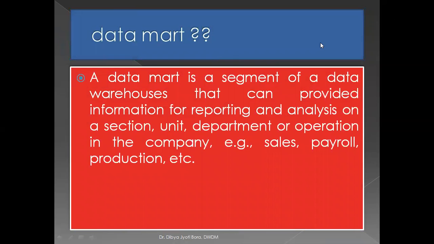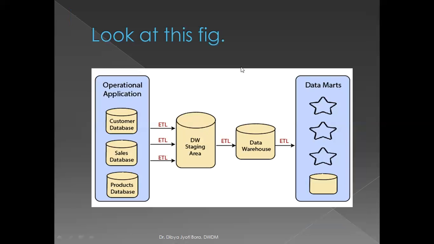So let's define it. A data mart is a segment of the data warehouse that can provide information for reporting and analysis on a section, unit, department, or operation in the company, like sales, payroll, production. Now you have understood the data mart definition.